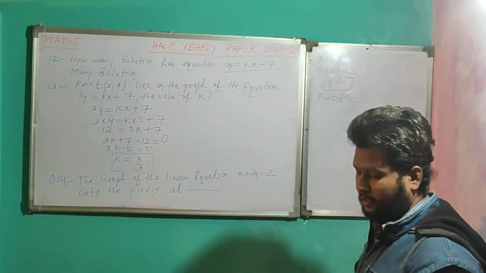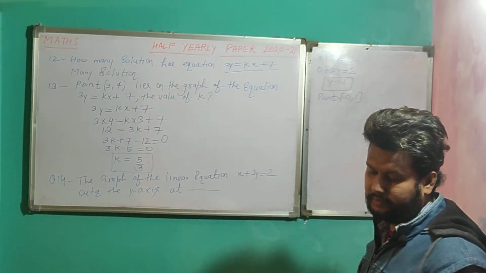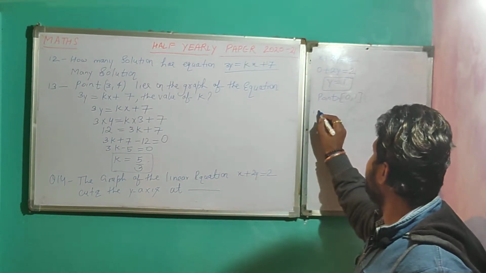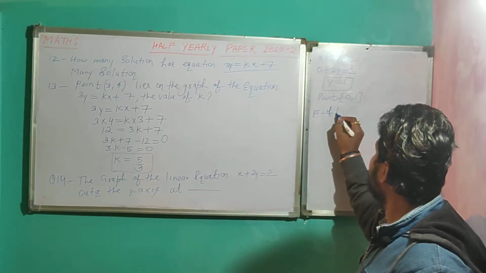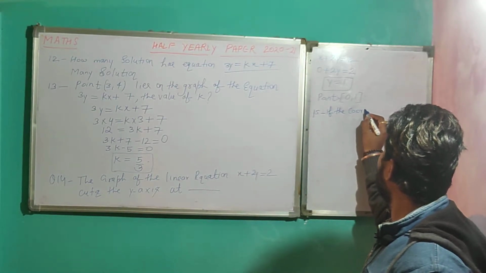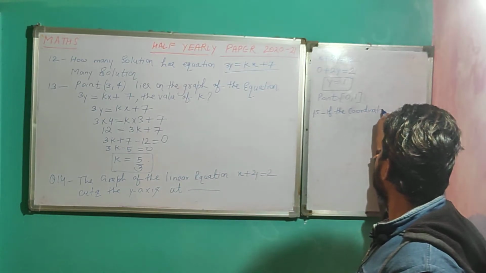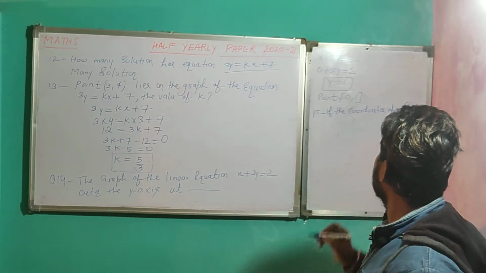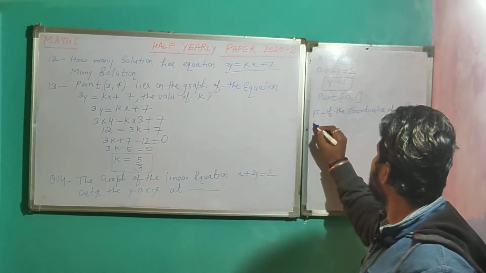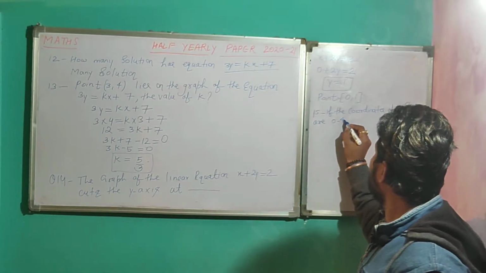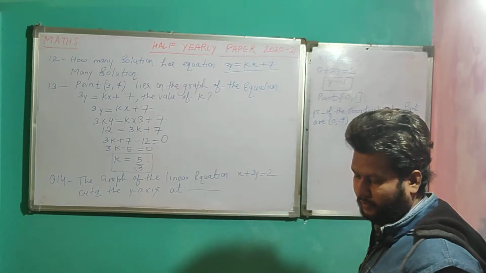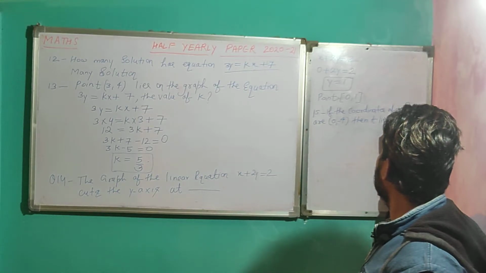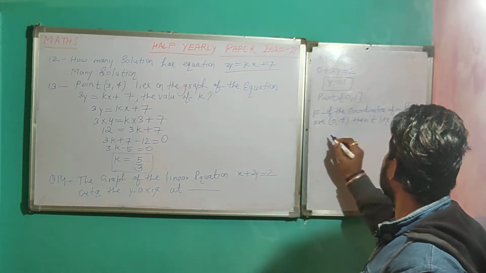Next question is 15. If the coordinates of a point are (0, -4), then it lies on dash axis.